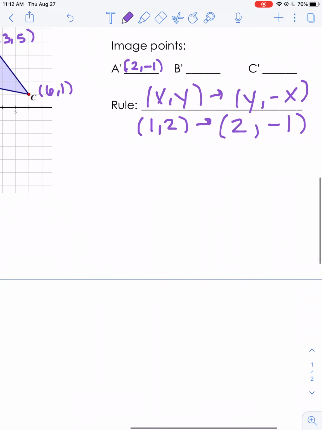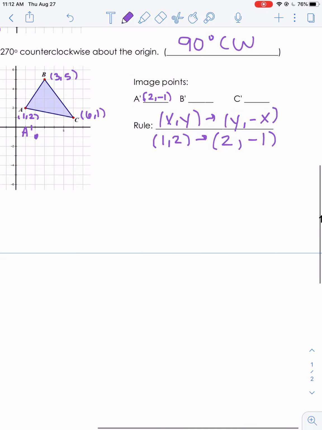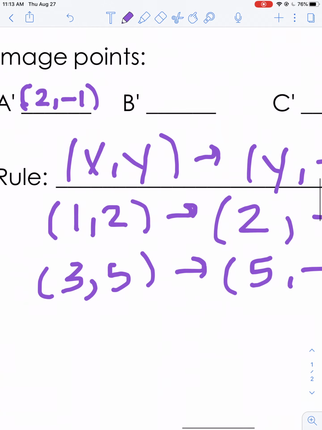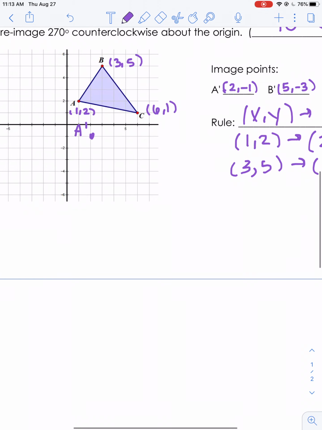For B, again, I've got (3, 5). And it'll become (5, negative 3). So there's our new ordered pair. I'm going to plot it over here. Go to 5, down 3, there's B prime.